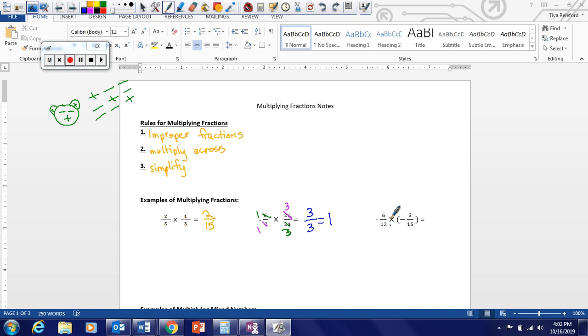Okay, so you have one more. We have a negative and a negative, which gives us a positive. And you can simplify. 3 and 12 both divide by 3.